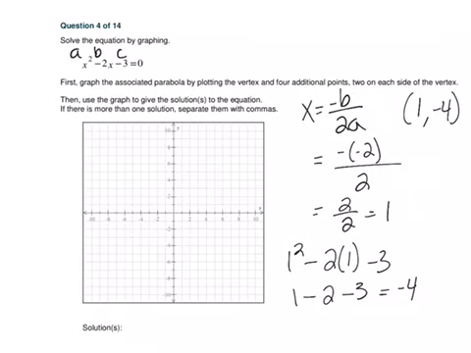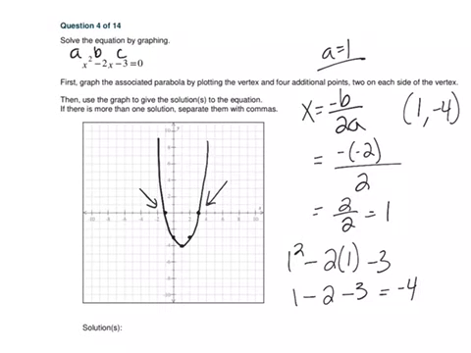So we're going to plot 1, negative 4. Okay, from there, since a is 1, it follows the regular pattern, and it's going to go up. We're going to go right 1, up 1, left 1, up 1, right 2, up 1, 2, 3, 4, and left 2, up 4. And if I draw my parabola in ALEKS, then I can now name what my 2 solutions are.